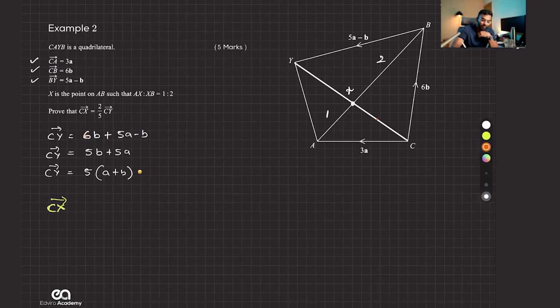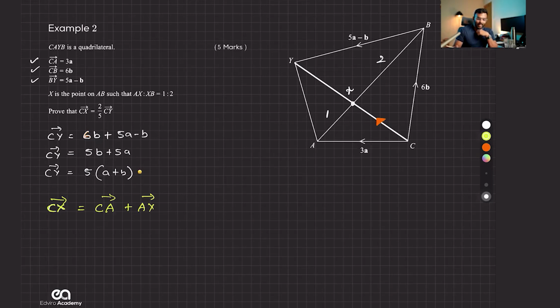Starting from C, ending up at X, how can I go there? CX is equal to C to A plus AX. Would you all agree with that? Well done, Dhruti.